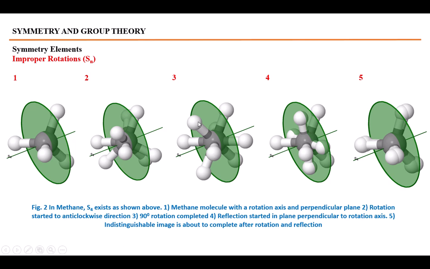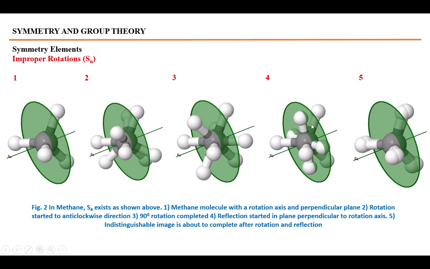This hydrogen atom has taken this form. The molecule will not be in an indistinguishable form. But whenever you apply a reflection plane like this, perpendicular to this axis of rotation, this reflection will take this hydrogen atom to this position, and this hydrogen atom will be here at this position.